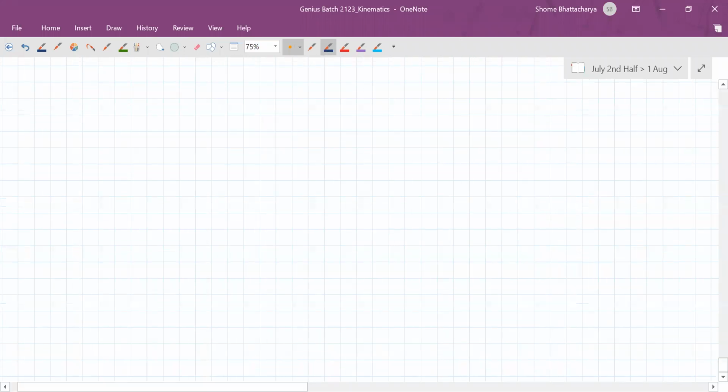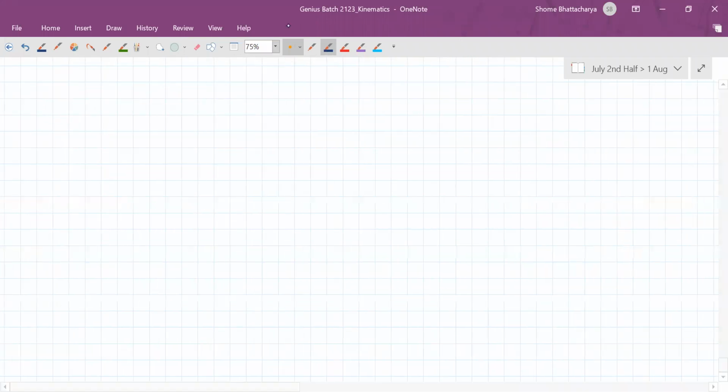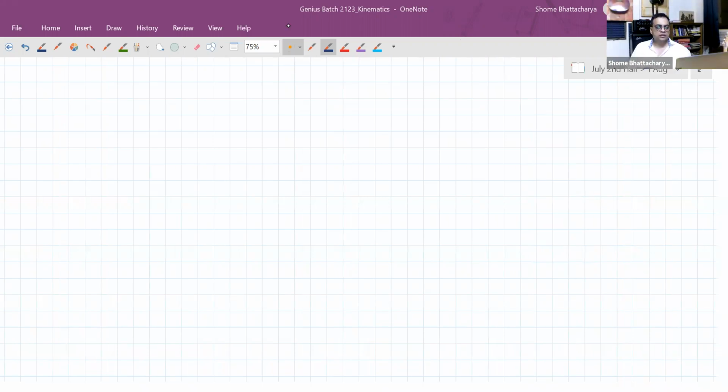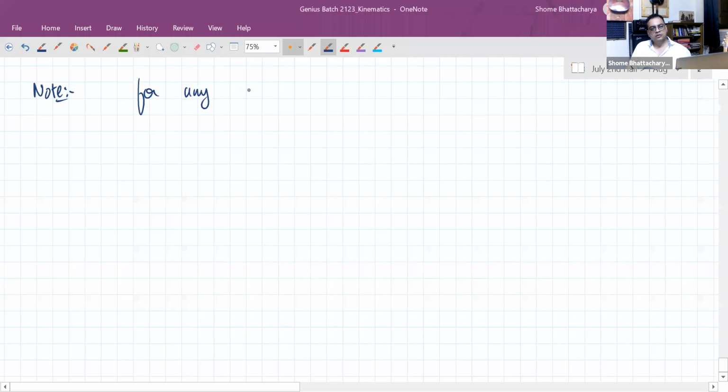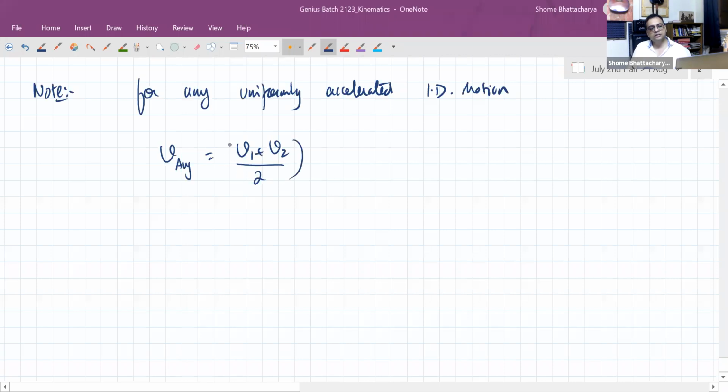Okay, now for not just vertical motion, but any 1D motion with uniform acceleration, we will see one useful trick apart from the 3 equations. For any uniformly accelerated 1D motion, average velocity in a certain time interval is the arithmetic mean of the instantaneous velocities in that interval.